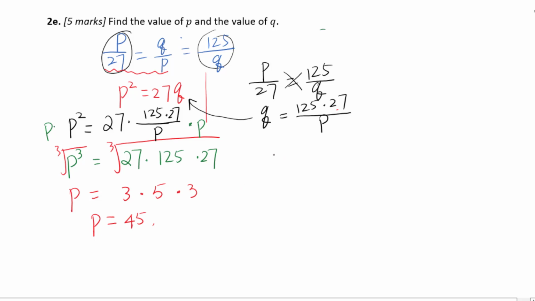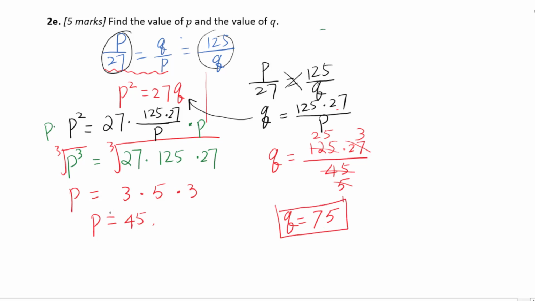Then for q equals 125 times 27 over 45. Reduce by 9 first. This is a 5. This is a 3. Then reduce. Here is 1. This is 25. 25 times 3 will be 75. So q equals 75 and p equals 45.